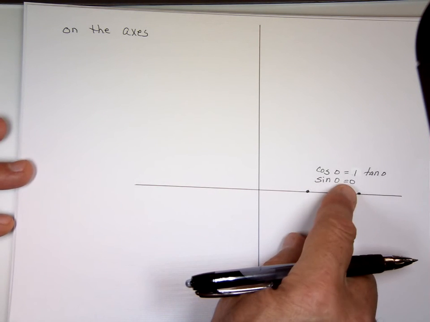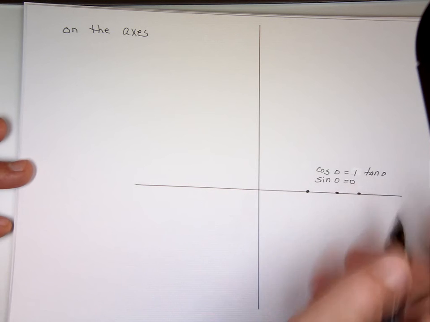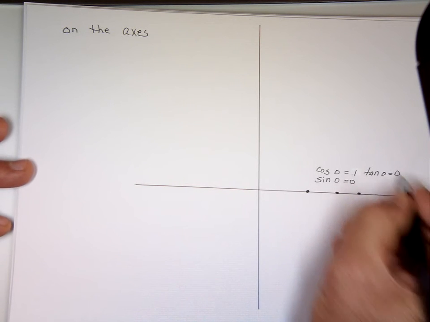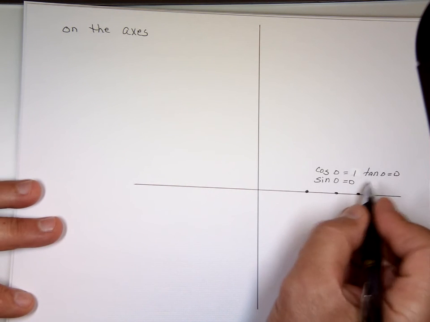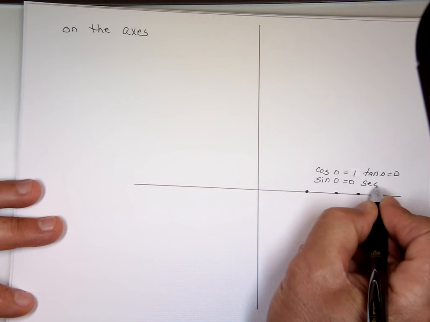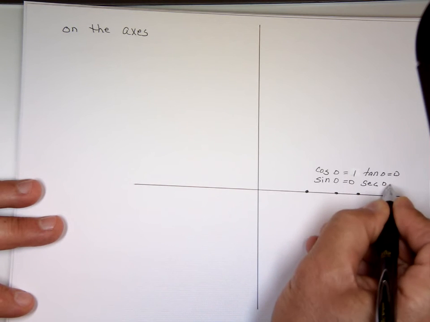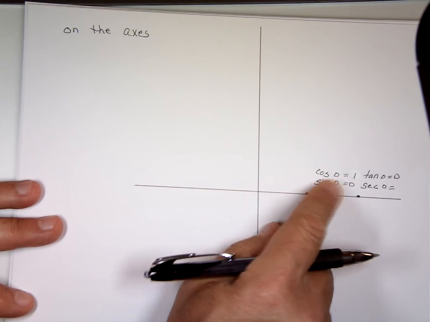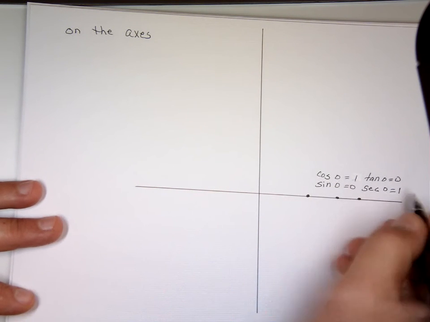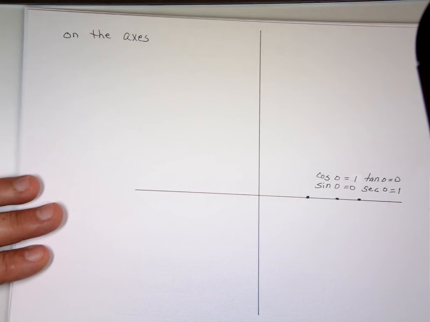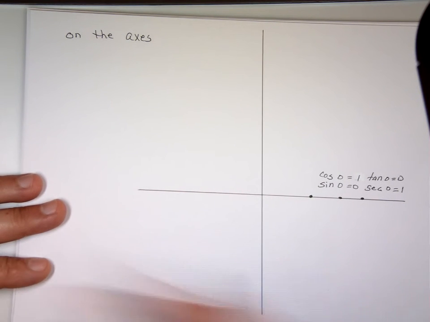What's 0 over 1? 0. What is the secant? Secant is 1 over the cosine. If the cosine is 1, what's 1 divided by 1? 1. Here's the headache.